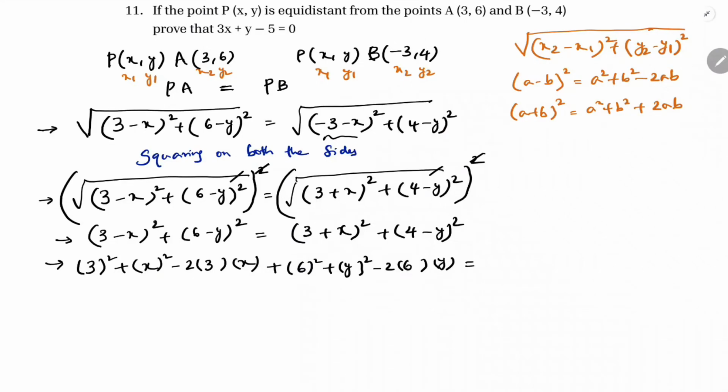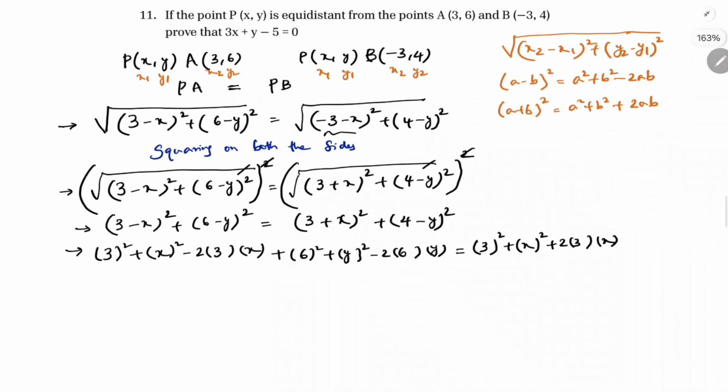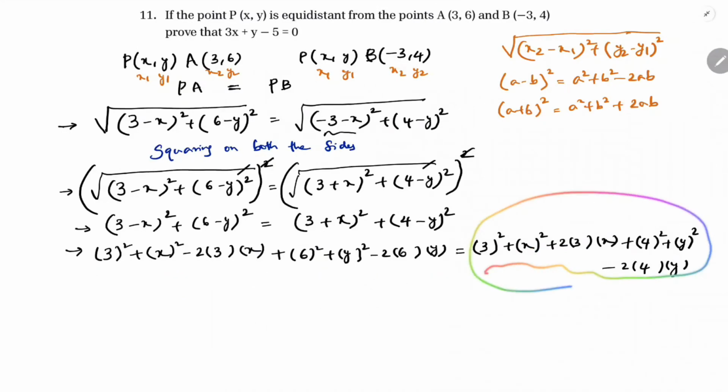On the right side, (3 plus x) whole square: 9 plus x square plus 6x. Then (4 minus y) whole square: 16 plus y square minus 8y. If you observe carefully, this is on the left side and this total is on the right side.